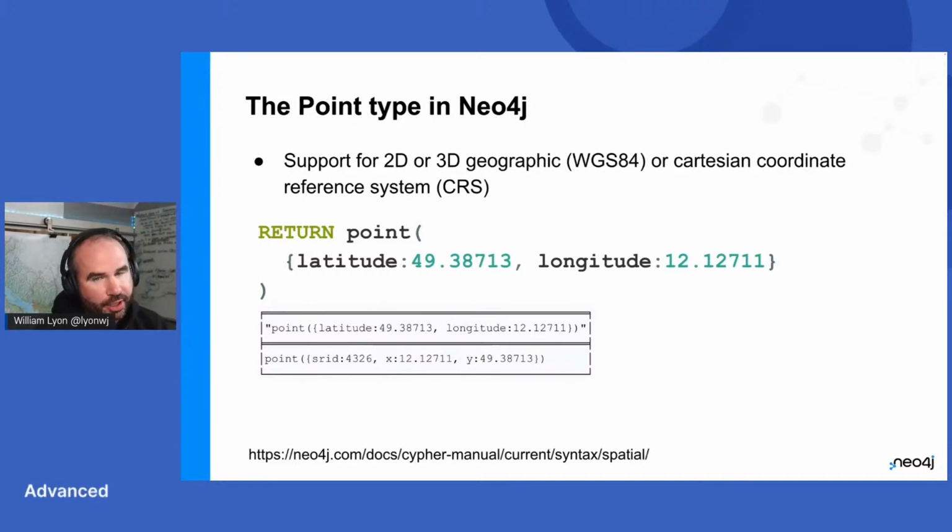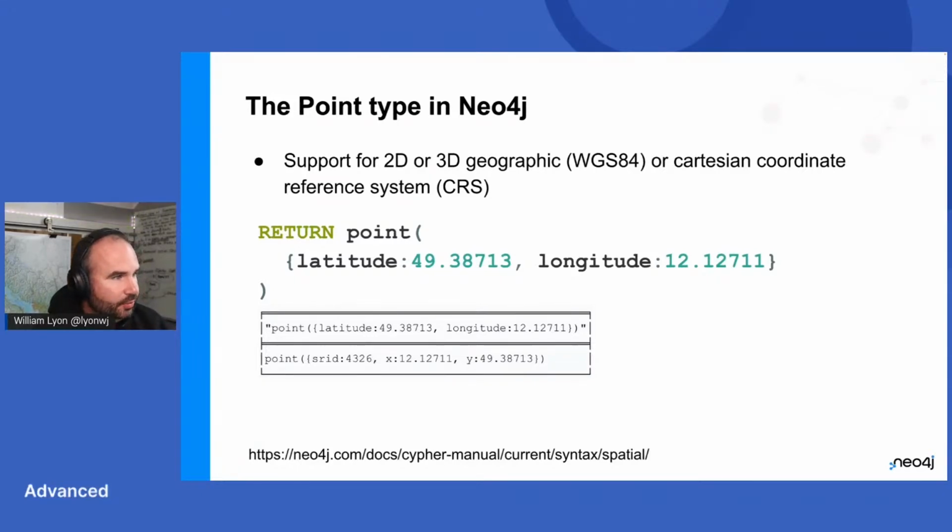If we're working with something on an XY or XYZ plane that doesn't necessarily map to a location on the surface of the Earth, I've seen examples of things like modeling a manufacturing process or modeling some sort of in-game VR type scenario. That might be a good case for working in the Cartesian CRS.